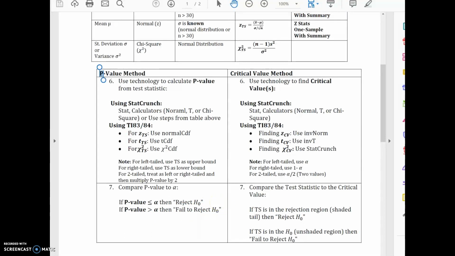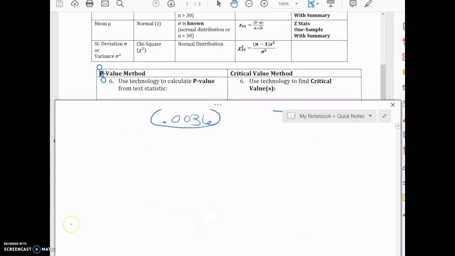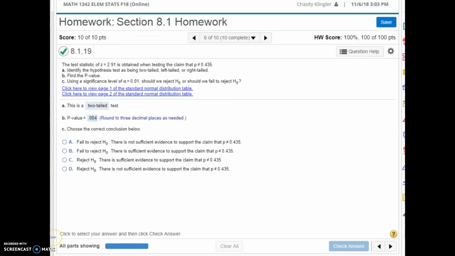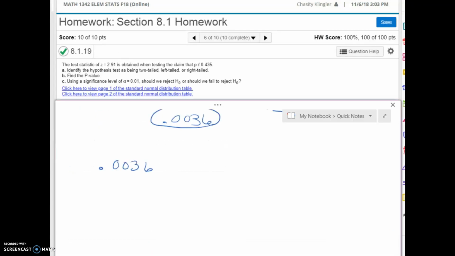So in this case, my p-value is 0.0036, and if I look back at the question, my alpha is 0.01. So this is the p-value, and this is the alpha.